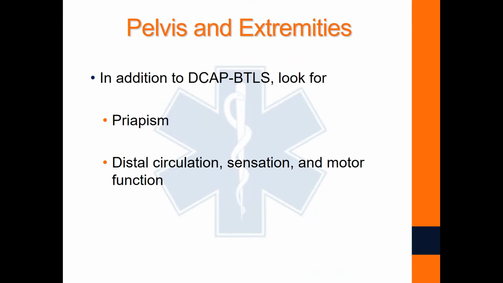It's persistent. It doesn't go away. It is just there and hanging out. And really, after being involved in a trauma, it would be sort of a weird time to be that happy about life. So check that when we look in the pelvic area.